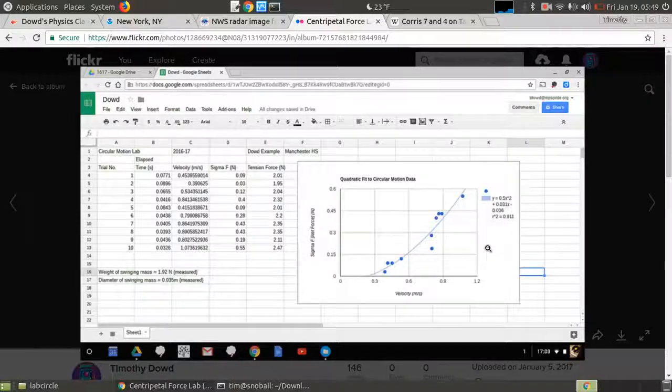So in other words, we're saying sigma F is proportional to some number times v squared. I'll give you that the data is not high enough quality to totally say that, but that is what we expected, and it does seem to be slightly better. So I'm going to operate from now on with the assumption that sigma F is proportional to v squared.